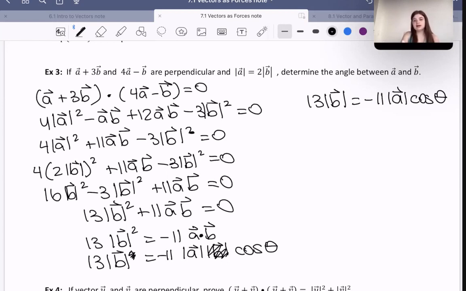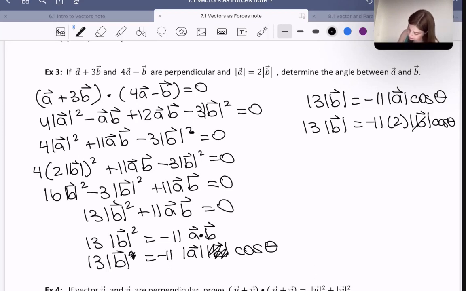Okay, and now what can we do again here? We know that a is just equal to 2b, right? So we can swap that out. We can say 13 magnitude b is equal to negative 11 times 2 times magnitude of b.